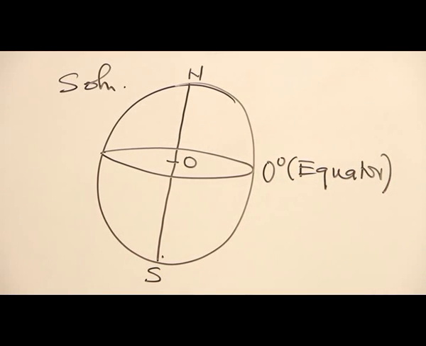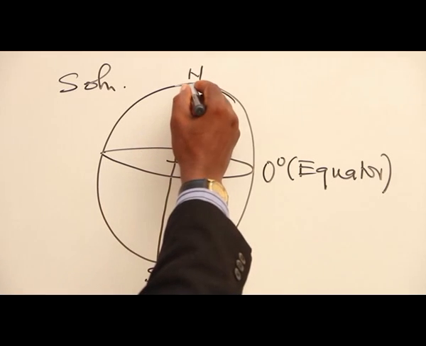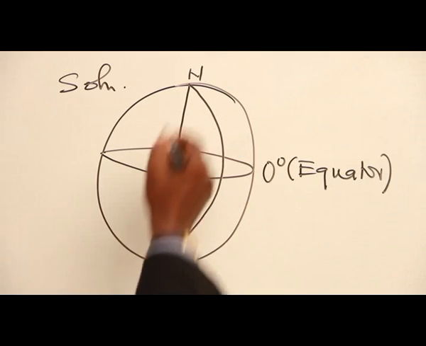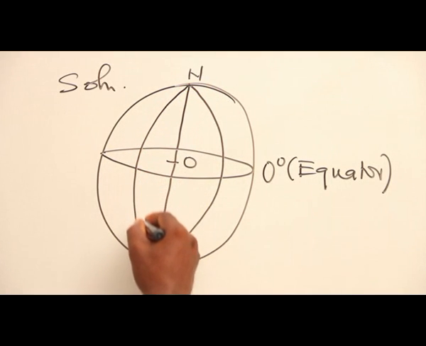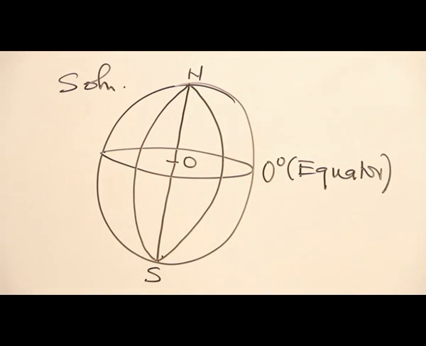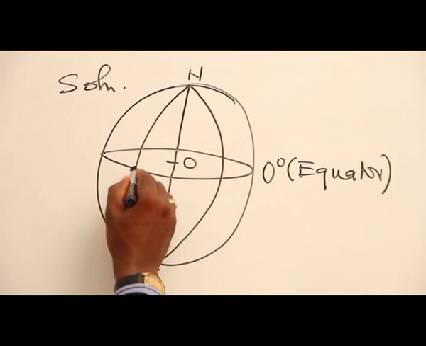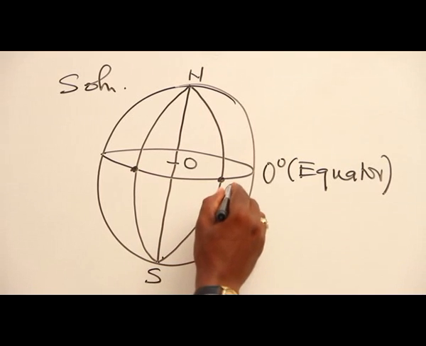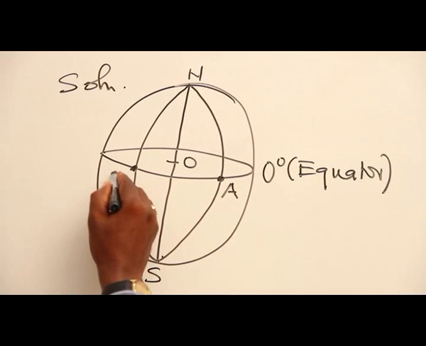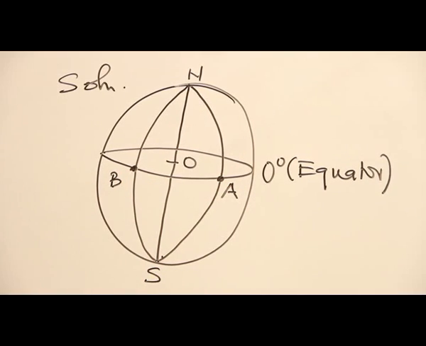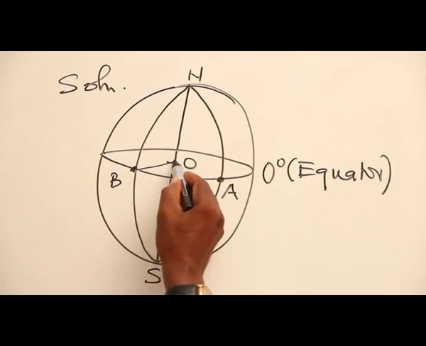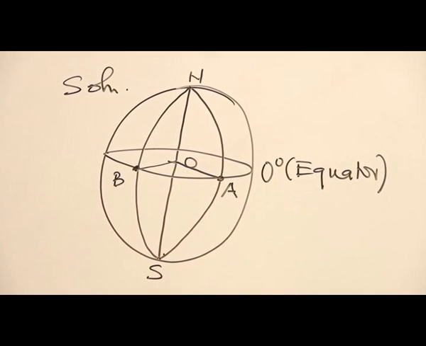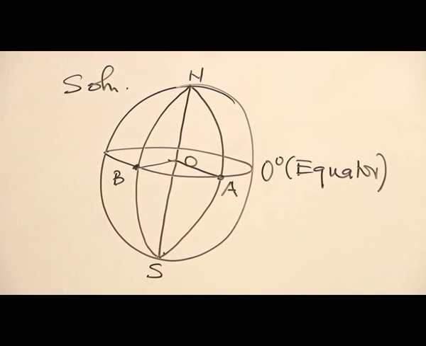Then we have 75 degrees east, which runs like this, and 45 degrees west, which also runs in this form. So this is the position here, and this is the position here. The first one is A, the second one is B. And we are looking for the distance between A and B, and that is arc AB.